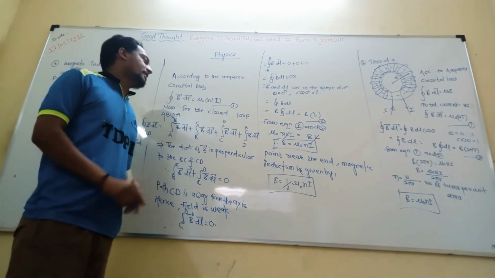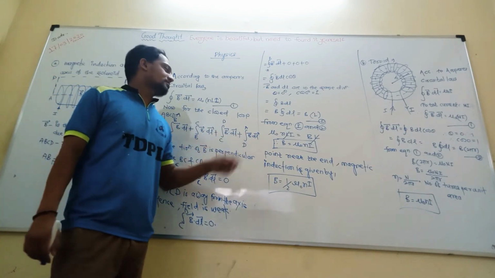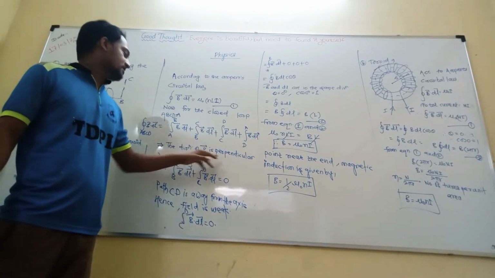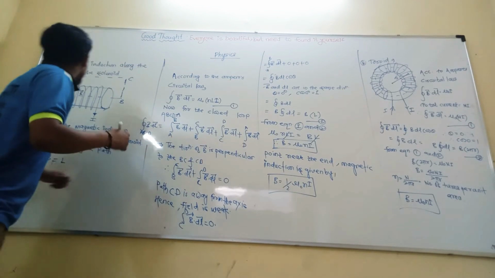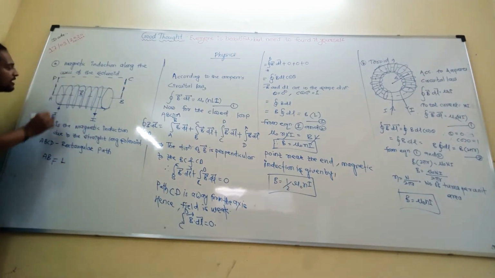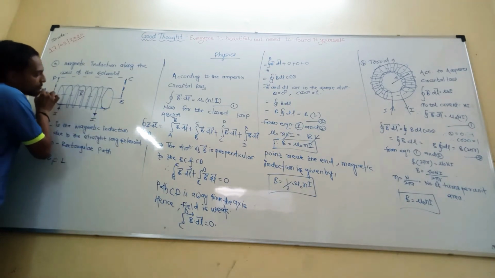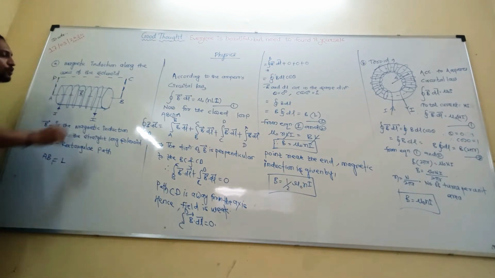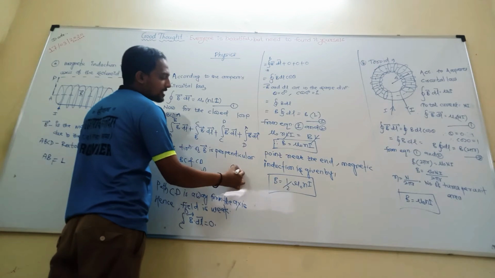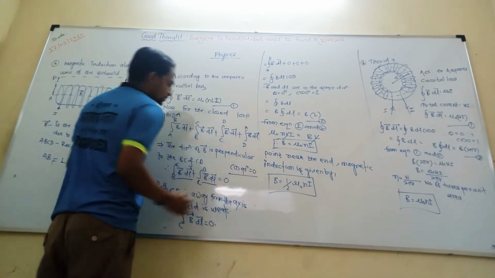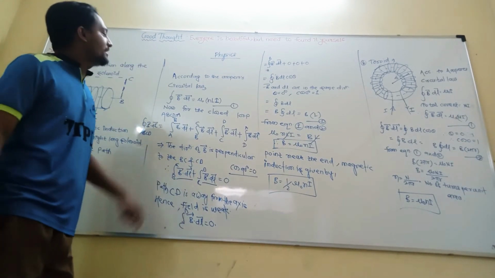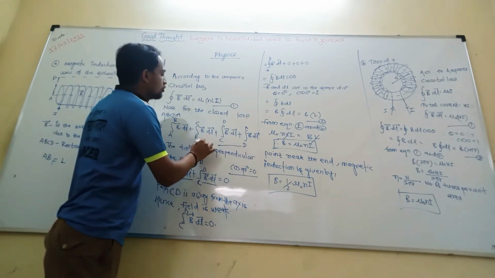The direction of B bar is perpendicular to paths BC and AD, because the field is produced along the axis of the solenoid. So the angle between B bar and dl bar is 90 degrees, and since cos 90 is 0, both these terms have value 0.